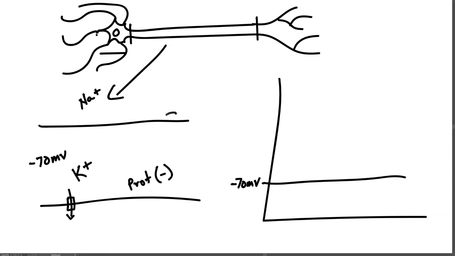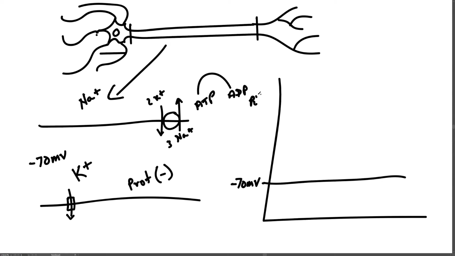And then we have sodium and potassium pumps that are pumping 3 sodium ions out of the cell while it pumps in 2 potassium ions and hydrolyzes ATP to ADP and phosphate, like this.